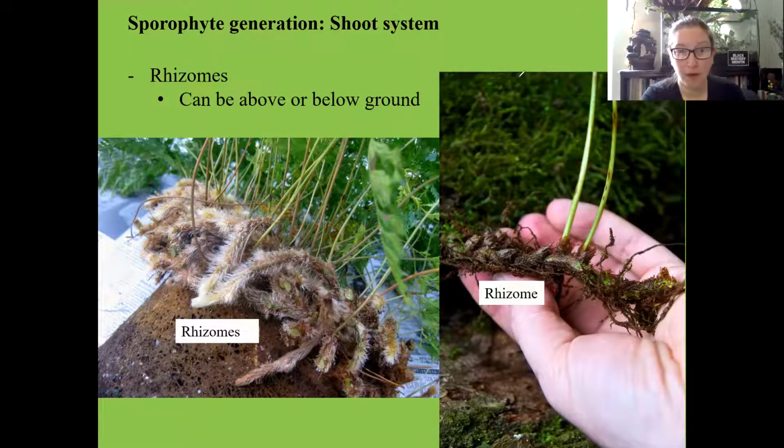Got a question in the chat box: looks like a hairy spider. Yeah, I know, it does. I have one type of fern. Maybe next time I'll try to grab it so we can look at it, because it has this same look as over here.